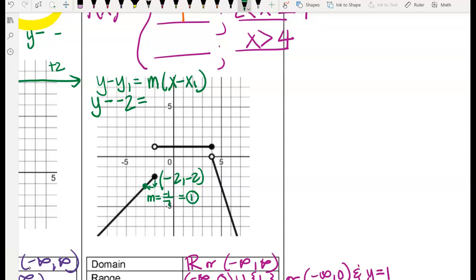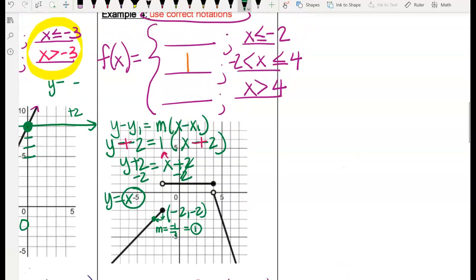The y and the x happen to be exactly the same, okay? Two negatives, guys, will make a positive here, a positive here. If you're distributing the 1, you're going to end up having y plus 2 equals x plus 2. Move the 2 over, so that's going to cancel. You are going to end up with y equals x. So this piece, students, is just going to be y equals x.